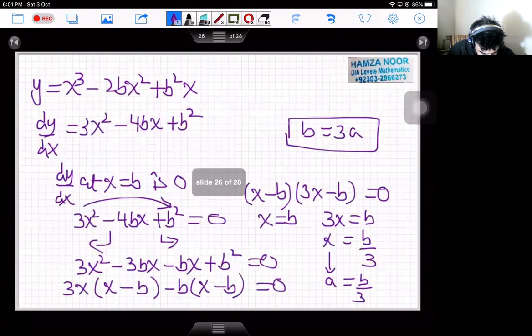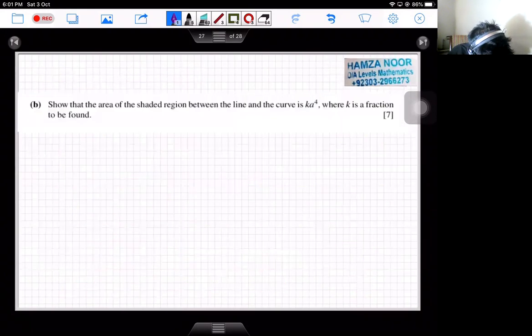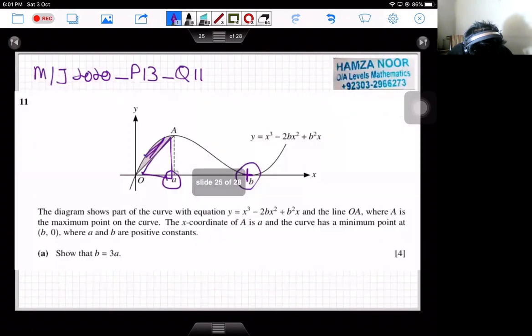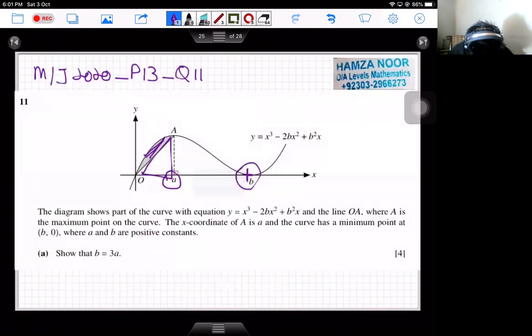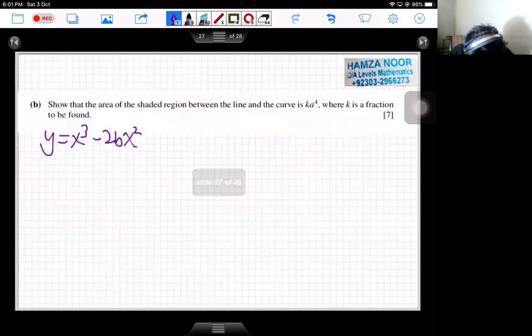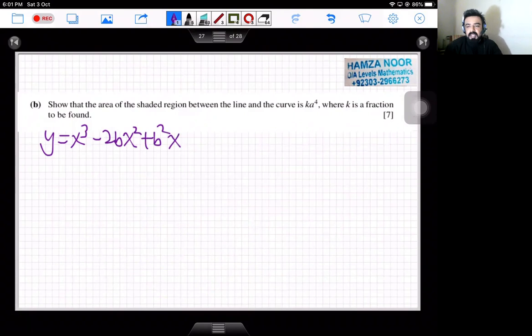So let's start. The equation of the curve is y is equal to x cube minus 2bx square plus b square x. Now we need to find the area of the shaded region.